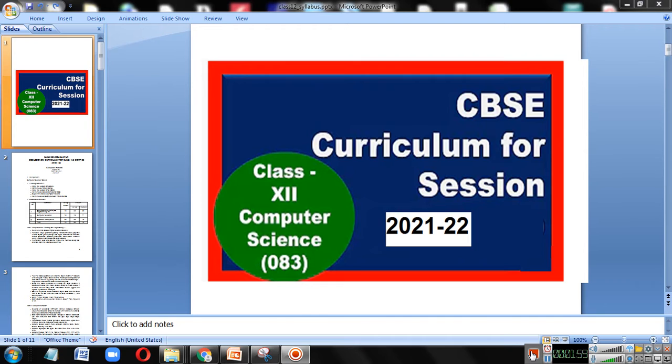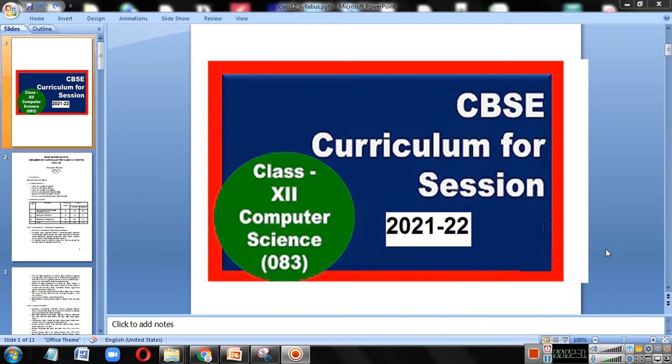Even though officially we have not received any curriculum for 21-22, the curriculum which was released for the year 2021, deleting some portions for class 11th as well as class 12th, we will go ahead with the same curriculum unless and until we receive a revised one for the session 21-22 from the CBSE.